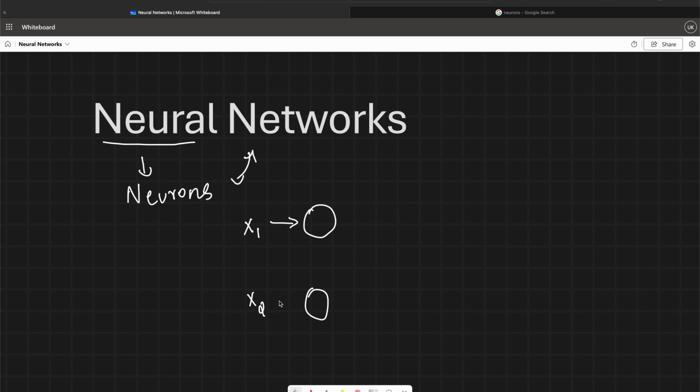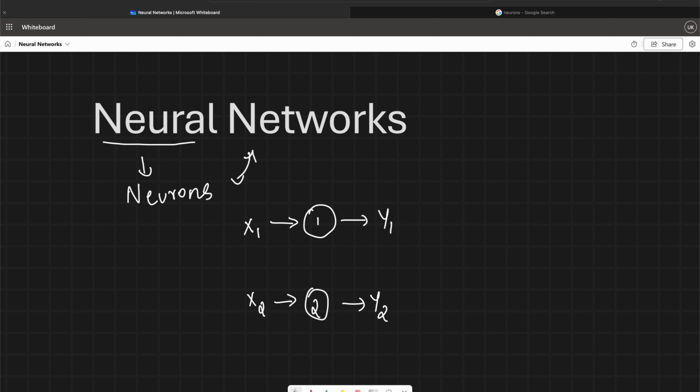I feed them into these two neurons separately. This is neuron 1, this is neuron 2. We get some kind of output y1 by processing it. Something happens inside that we are not worried about right now. Then let x2 pass through the second neuron. Similarly, we'll get y2. Fine. This is a basic understanding of how a single neuron works.